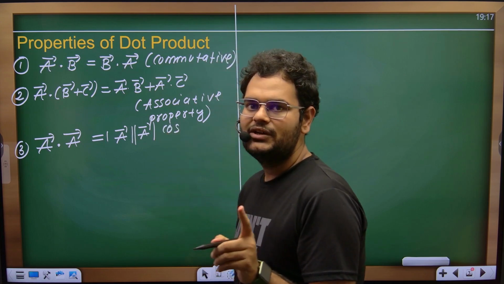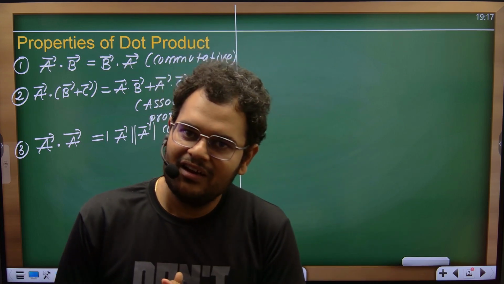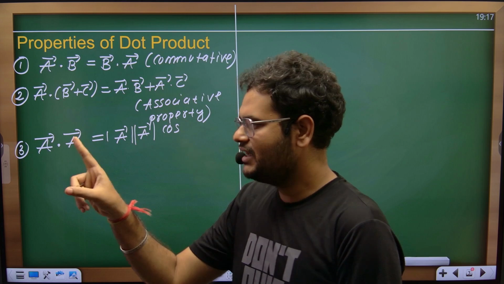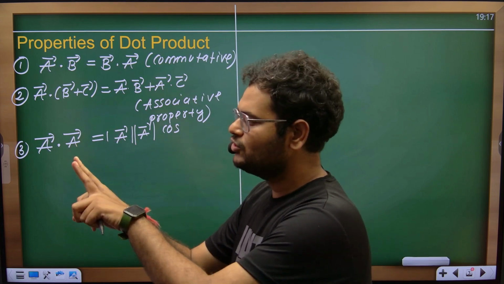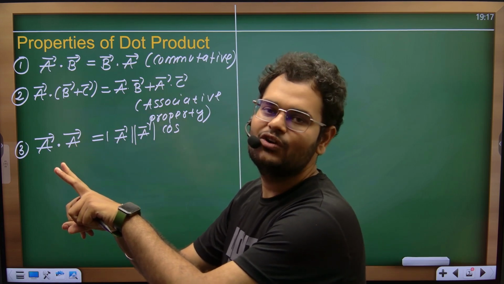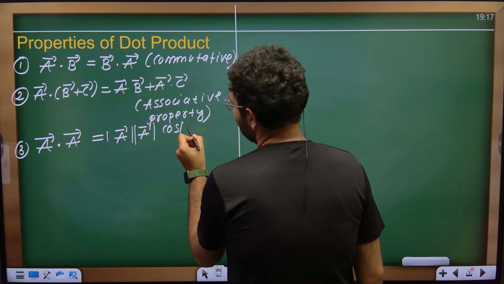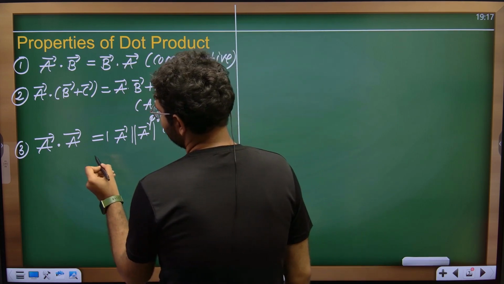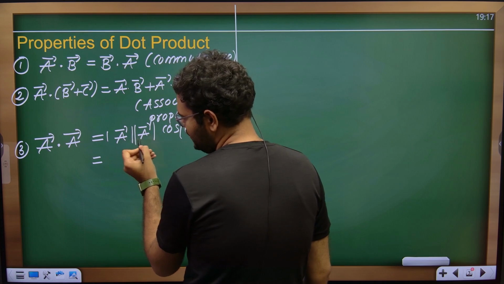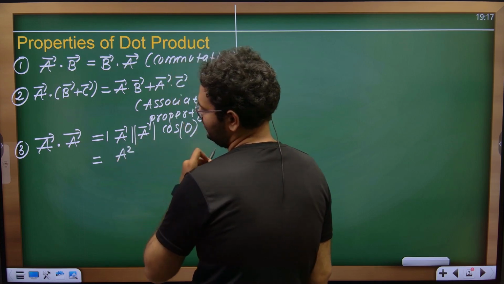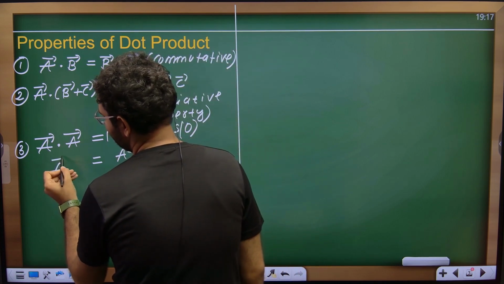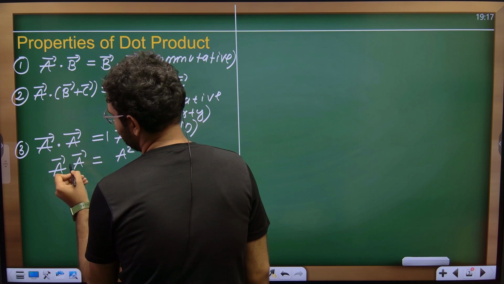What is the angle between a vector and a vector? Suppose this is a vector, and here is another a vector. What is the angle between them? 0. They are parallel, in fact equal. So cos 0 is 1. A into a is A square. So a vector dot a vector is nothing but a square.